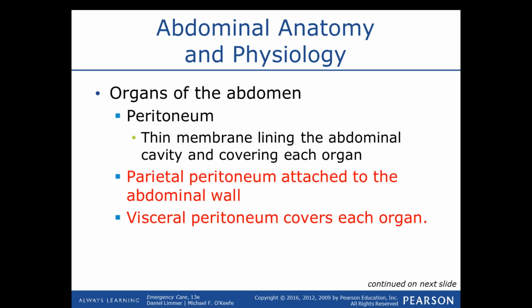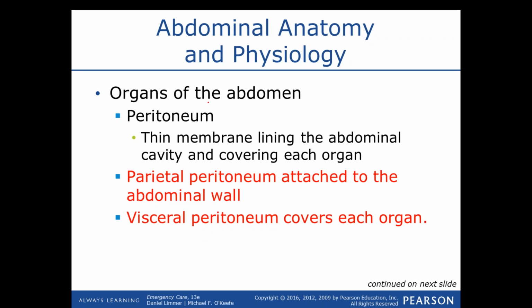So anatomy and physiology wise, a couple of definitions, and these definitions can be a little bit confusing for people. These are really good flashcard options as well. Among the organs of the abdomen, we have the peritoneum, which is the thin membrane lining the abdominal cavity and covering each organ. I have a diagram coming up to talk about that.